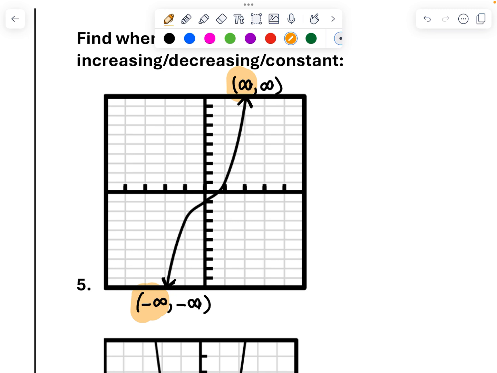It hiccups, but it doesn't change direction. It is constantly going up. So I am going to say that it is increasing from negative infinity to infinity.